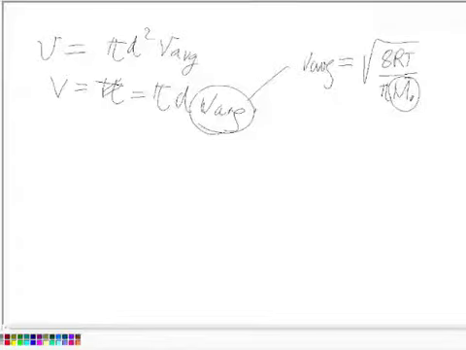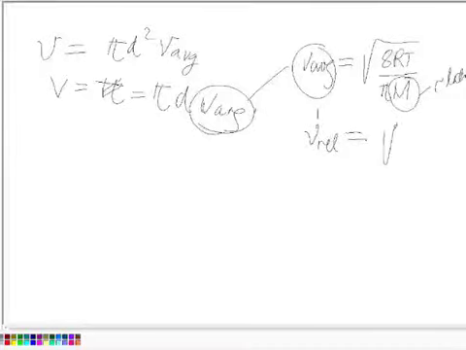What happens if we have more than one molecule? So this should be the relative mass, and this one also v relative. And v relative here is equal to the square root of RT per pi mu.